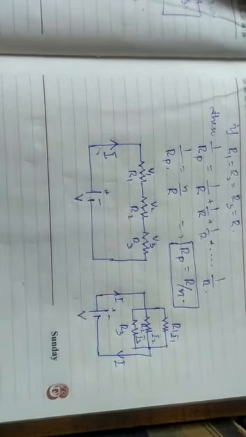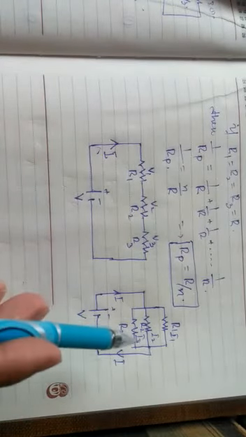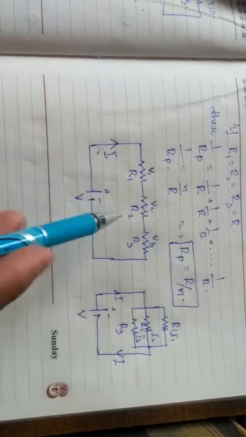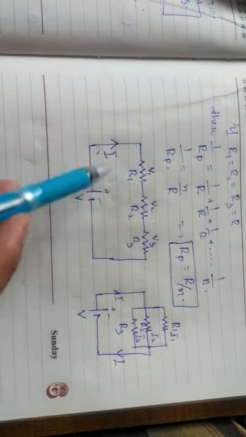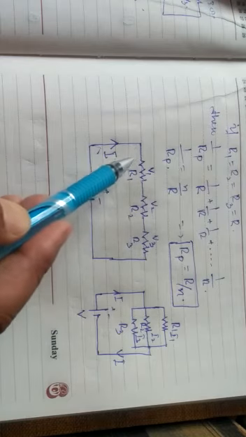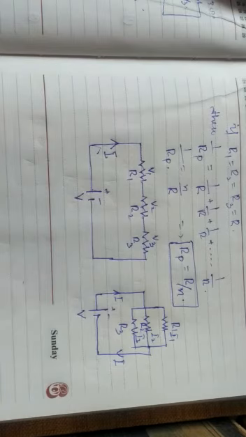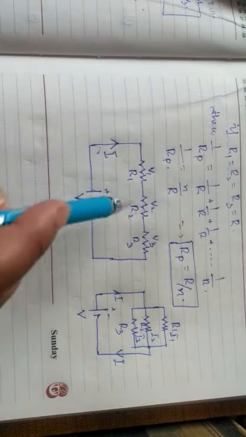Now from the diagrams, one of the advantages of the parallel combination compared to the series combination is that in series the same current flows through every appliance, which is a disadvantage. That is why all the devices cannot work properly.